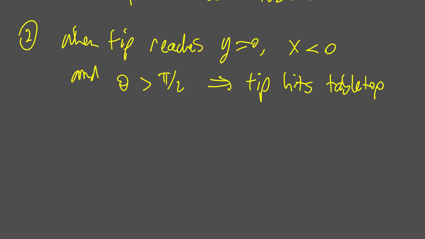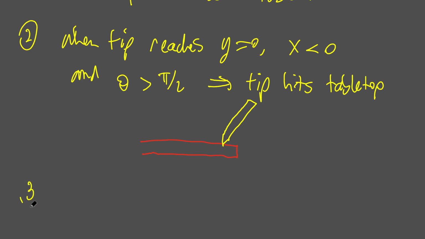For this case number 2, here's the tabletop. And when the tip reaches y equals 0, we know that x is less than 0. And furthermore, the orientation angle is greater than pi over 2. So the pencil is oriented something like this.